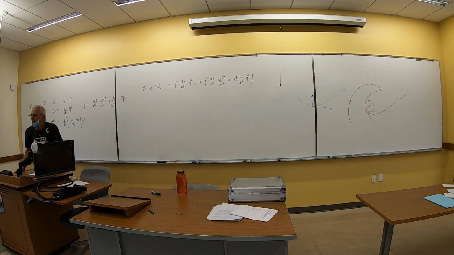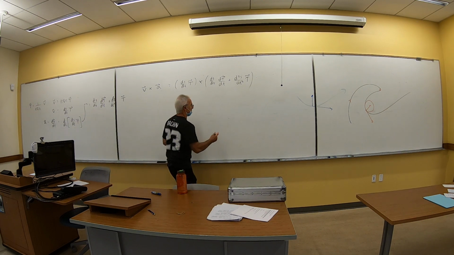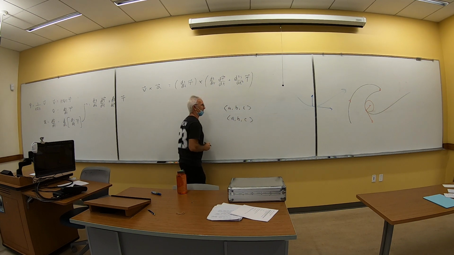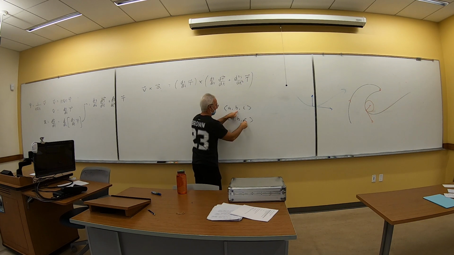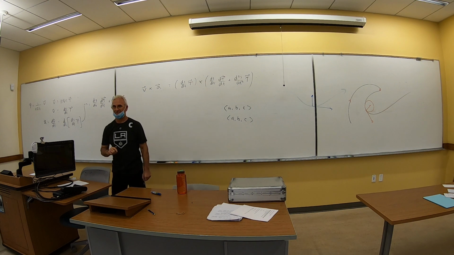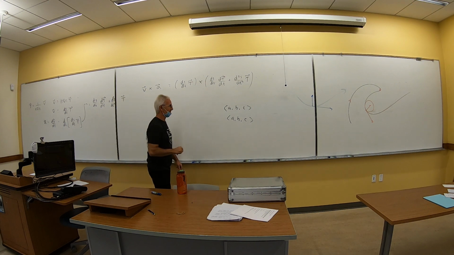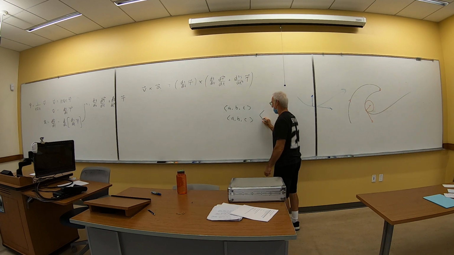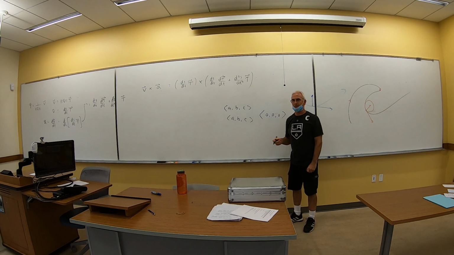If you cross a vector with itself, what are you always going to get? Vector squared. 0. Not 0. 0, 0, 0. A vector crossed with itself is the 0 vector.